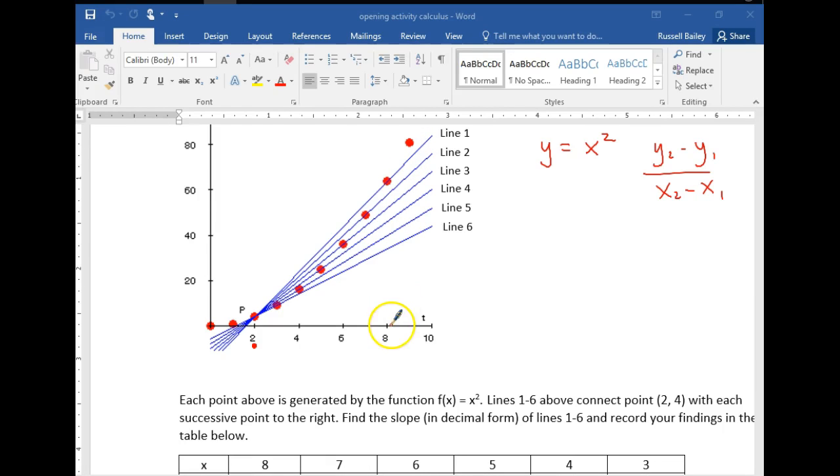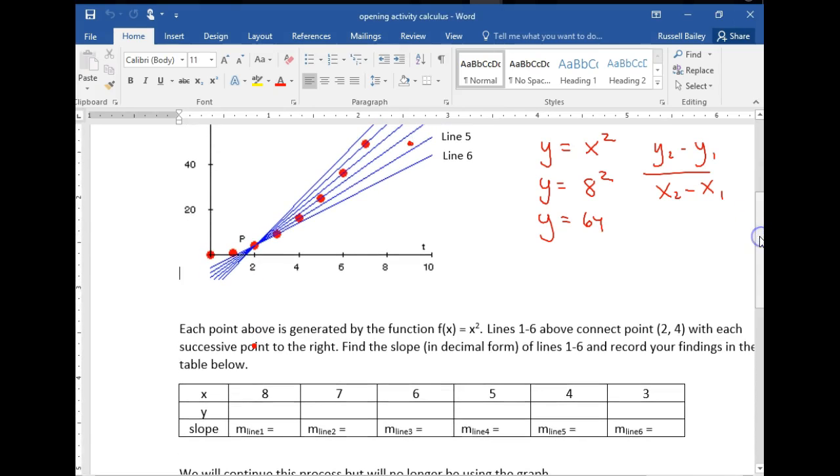The x value for that one is going to be 8. Which means that y equals what? Okay, so I'm going to come down here to my table, and when x equals 8, y is 64, right? So I've got a point of (8, 64), correct? And line 1 is connected to what other point?